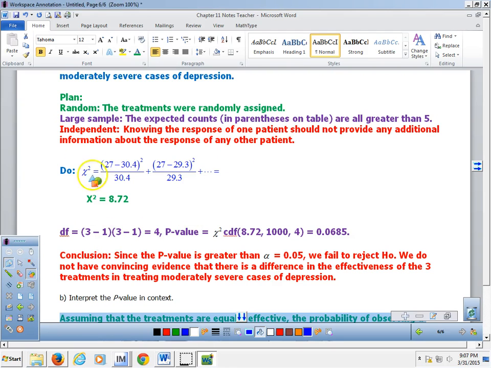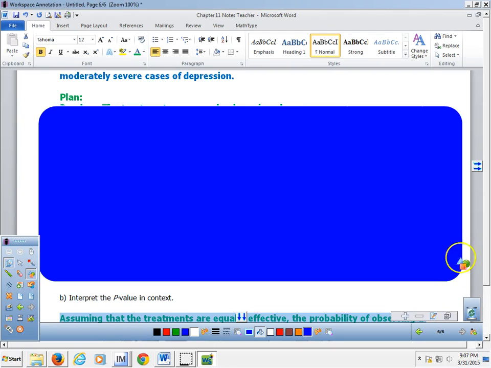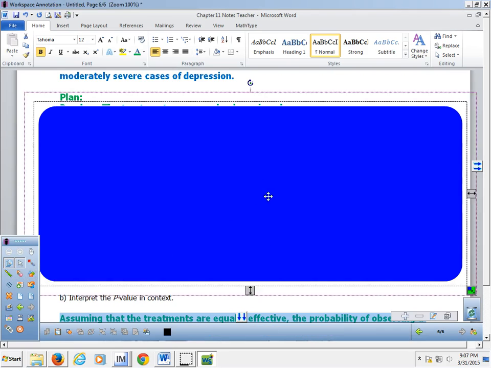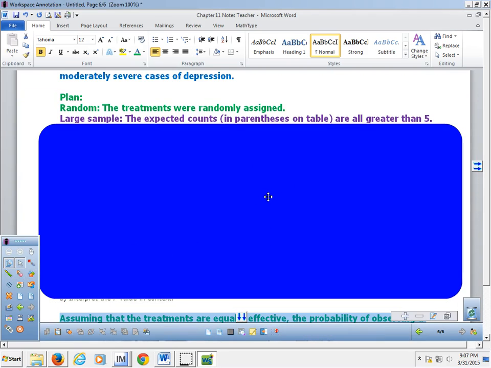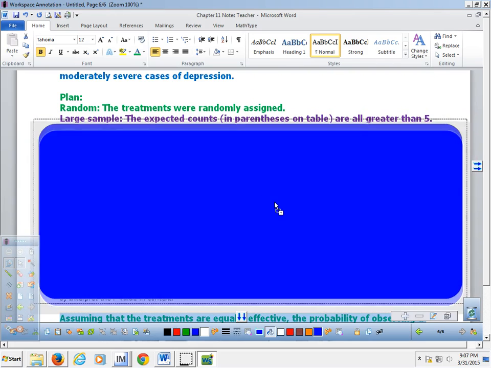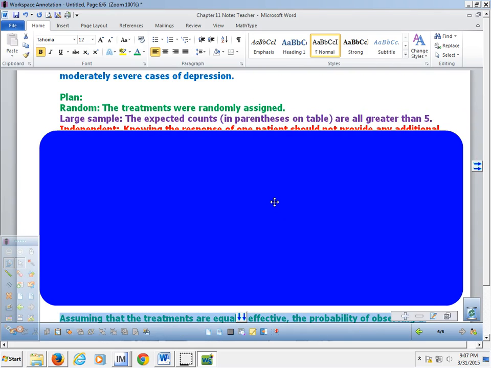Alright, so let's plan this sucker out. Random. Was our random condition met? Well, it says the treatments were randomly assigned, so yes. Large sample size. The expected counts, which were in the parentheses, are all greater than 5. Again, we can see that once we run our test and have the calculator dump the expected counts into a matrix. Okay?